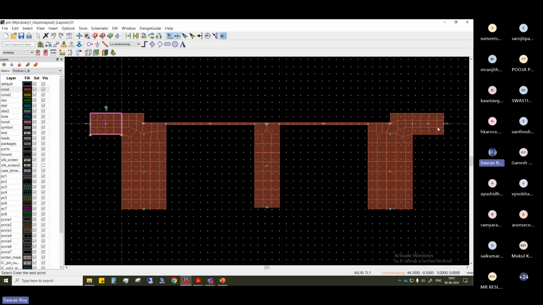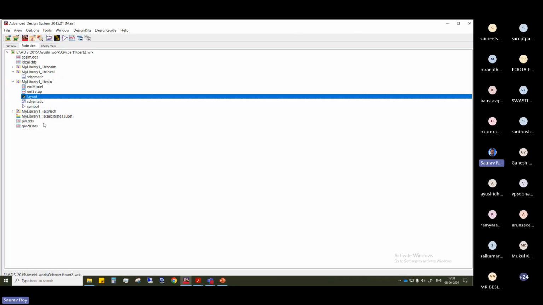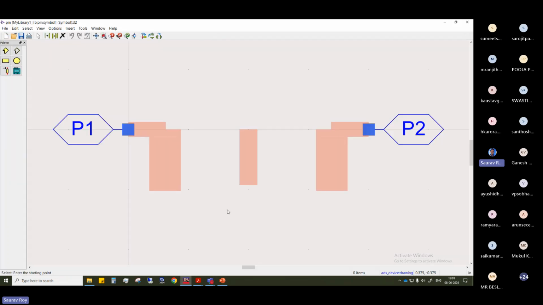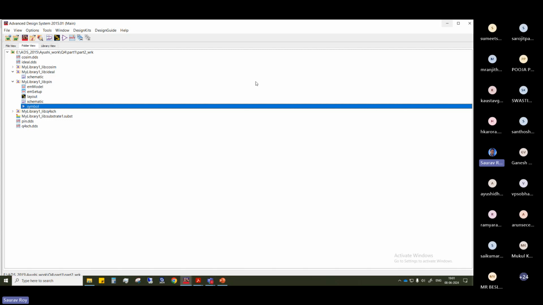These two are 50 ohm line sections, and these in between lines are what has been added because of the Kuroda's identity. Okay, that is what you should get similarly. Now these in between squares come from the meshing because it has been simulated already, and the symbol will come like this. Okay, the same steps you follow here and get the ports.